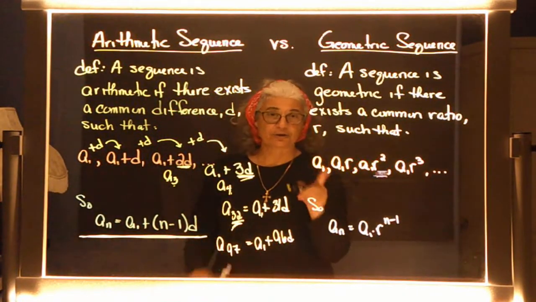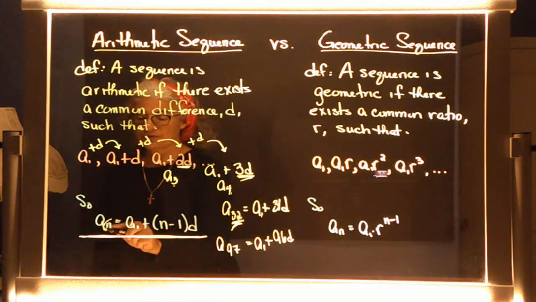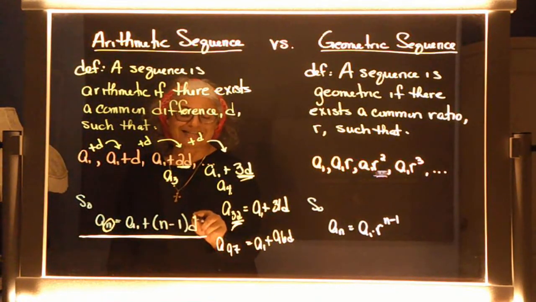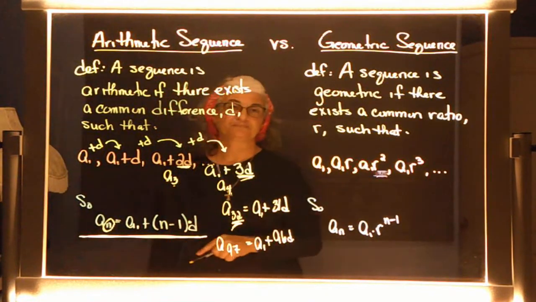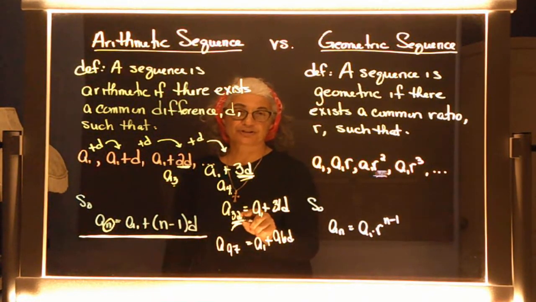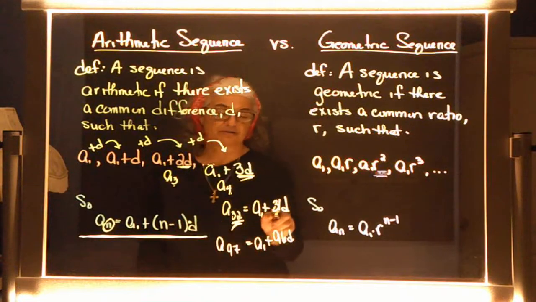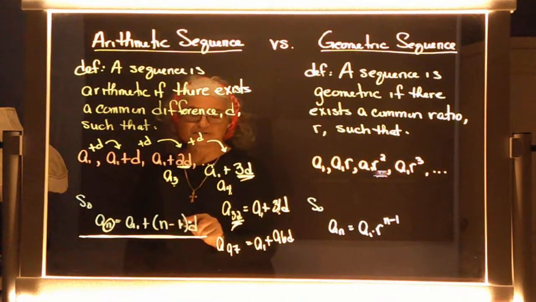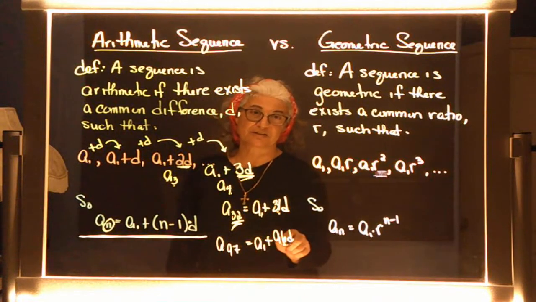The generic formula says no matter which term you're looking for, you're going to take the first term and add d, right, times n minus 1. Again, if it was 32, then there's 31, right? 32 minus 1, 31. If it was 97, then it would be 97 minus 1, or 96 in front. Good?